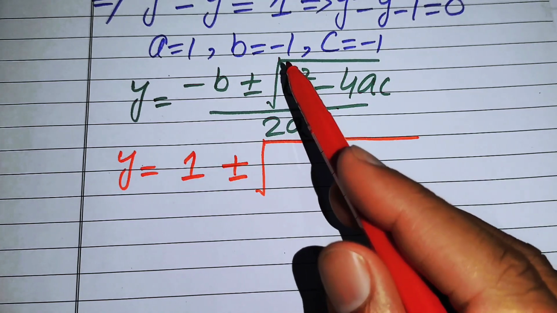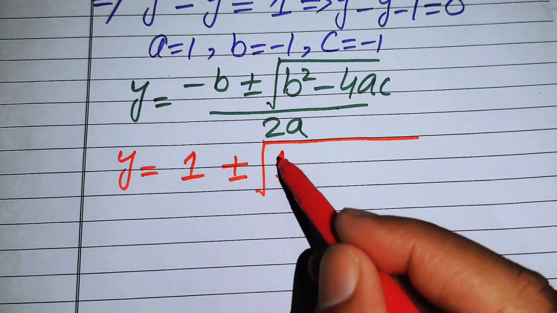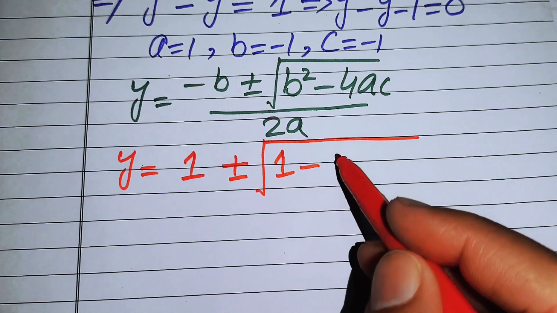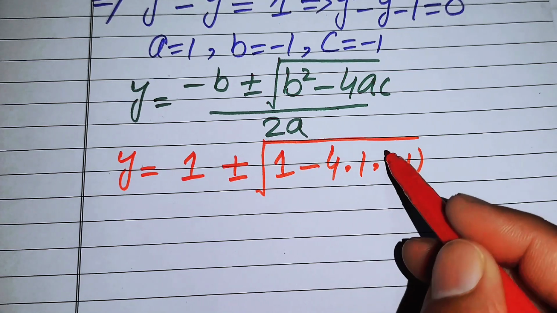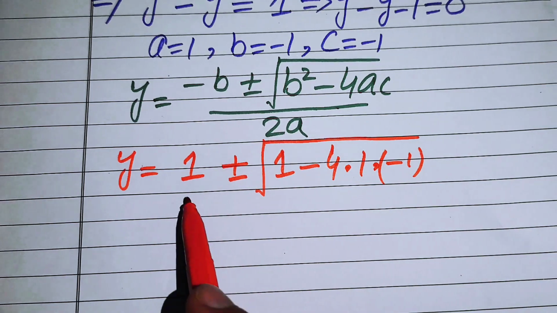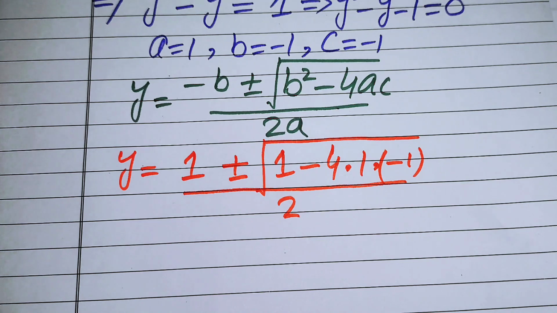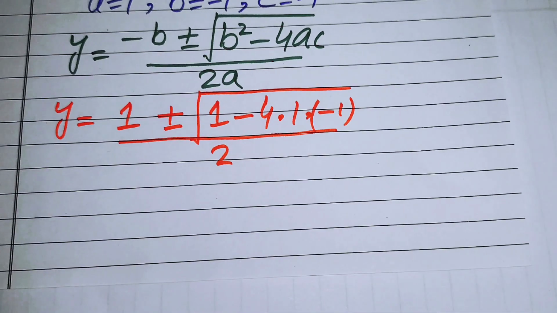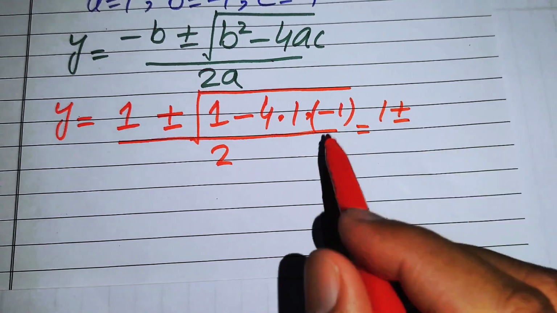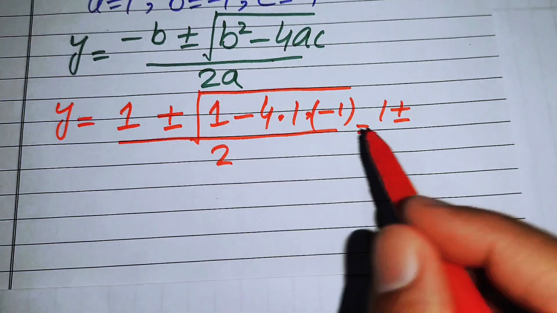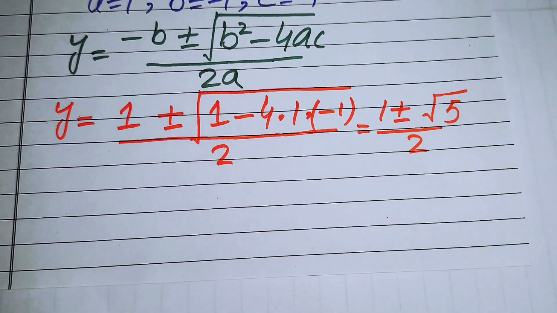The value of b is -1, and you know that the square of -1 becomes plus 1, minus 4 times a, which is 1, and c is -1, and this whole over 2. So in the next step, we can make simplifications here, and you get 1 plus or minus, here you have minus minus plus, and 1 plus 4 becomes the square root of 5, over 2.